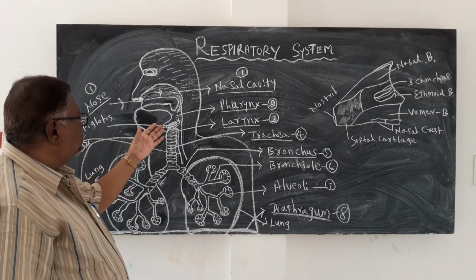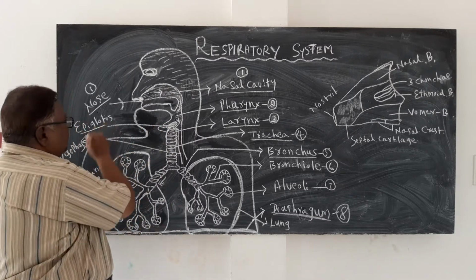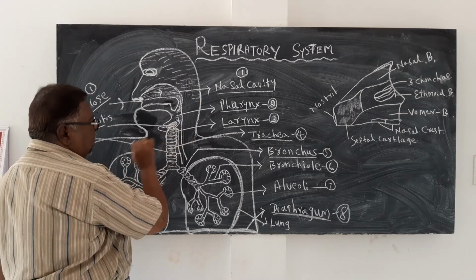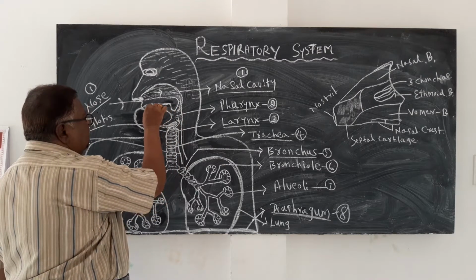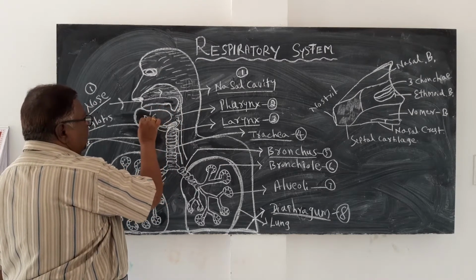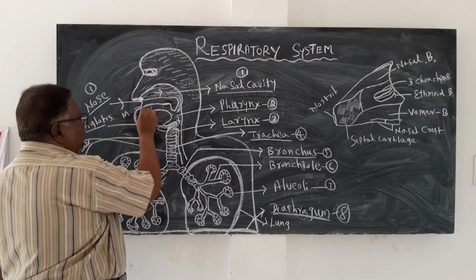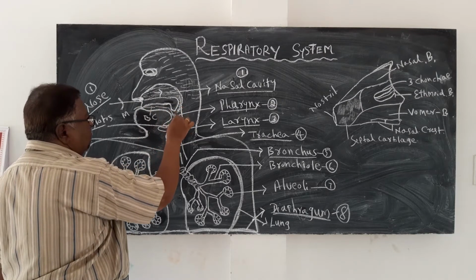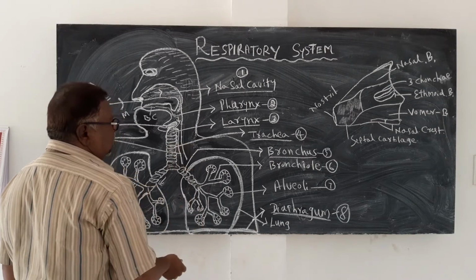There is a small cap-like structure called the epiglottis. This is a common portion for the esophagus and trachea. The food coming from the buccal cavity, this is the buccal cavity, this is the mouth. The mouth receives the food, and the food is thrown into the common chamber called the pharynx.